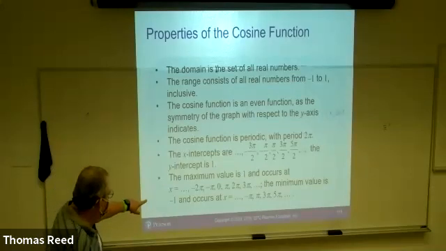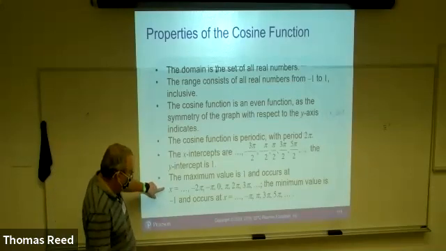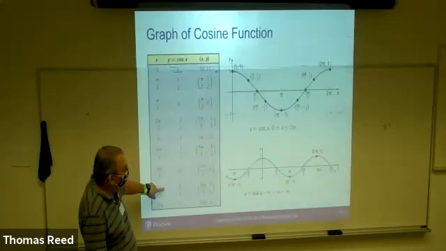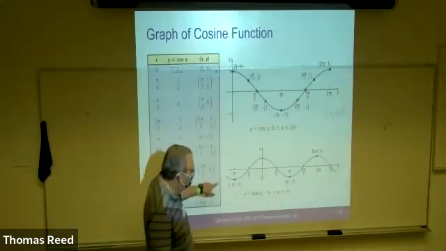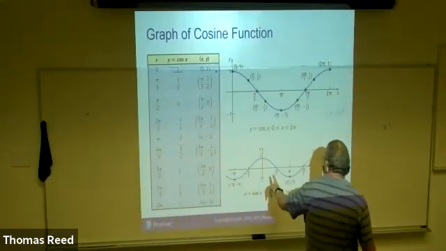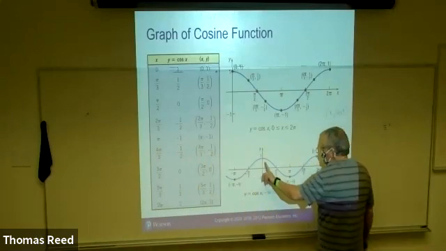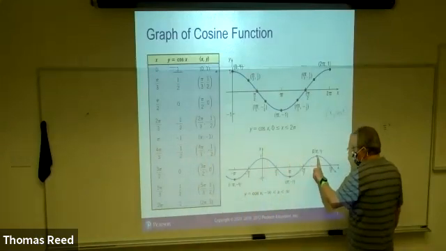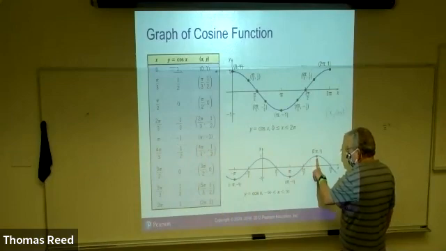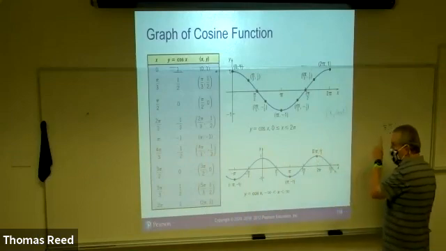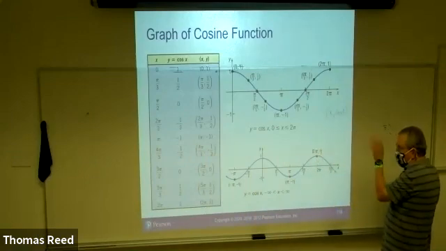No. They got this wrong. Yeah, they got it wrong. So the maximum values are at the even multiples of pi. So at 0, at 2 pi, at 4 pi, at 6 pi, positive and negative.